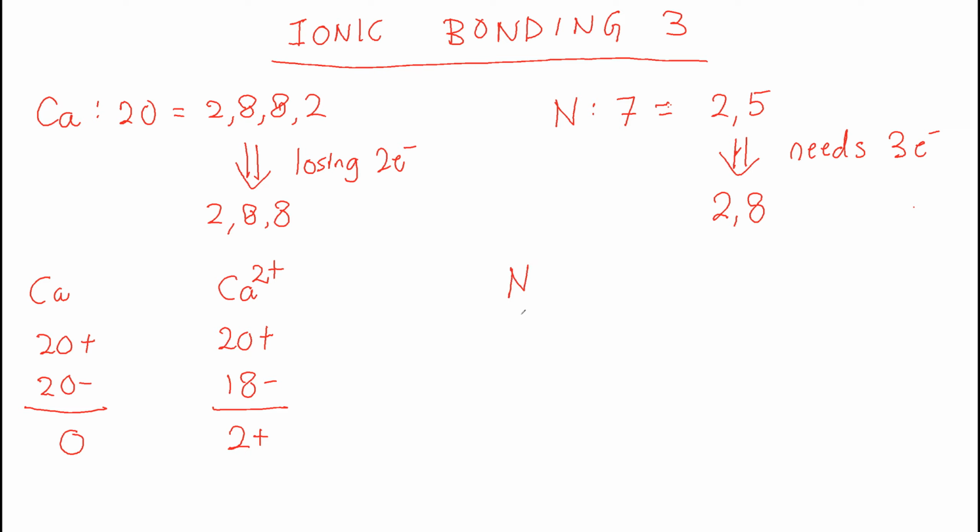So nitrogen originally has 7 protons and 7 electrons and overall 0 charge. But the nitrogen ion still has 7 protons, but now it has 10 electrons, so overall it has a 3- charge. So nitrogen ion has a charge of 3-.